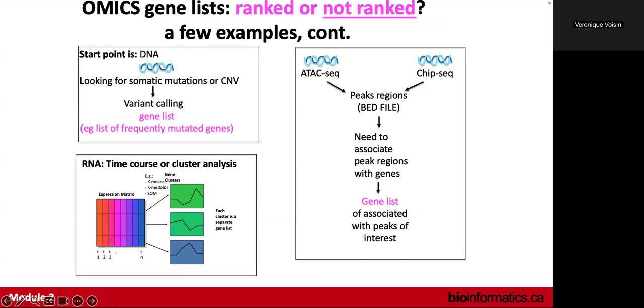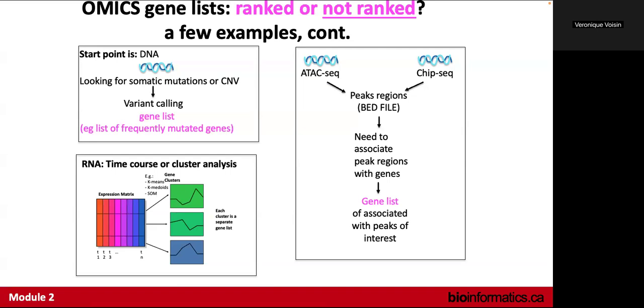Now, some examples where we more frequently use a defined gene list. Even if a ranked gene list is sometimes recommended, there are some cases where we cannot create this ranked list. In the first example, the starting point is DNA. We are looking for somatic mutations or copy number variants in a cohort of patients, and our gene list will be the genes that are frequently mutated in our patients.